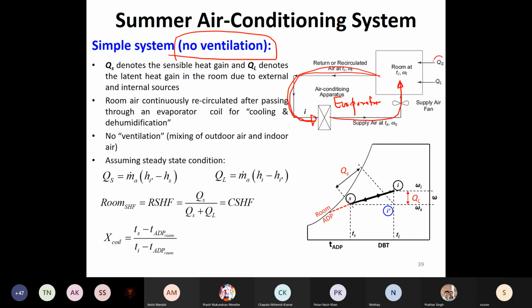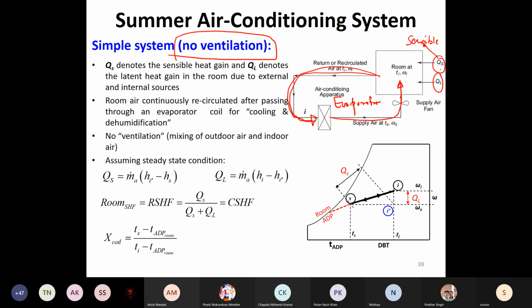Now what is this QS and QL? So QS is that part of the heat transfer which corresponds to sensible, and L is the latent, that is the increase in moisture content. Now what is the source of sensible heat?